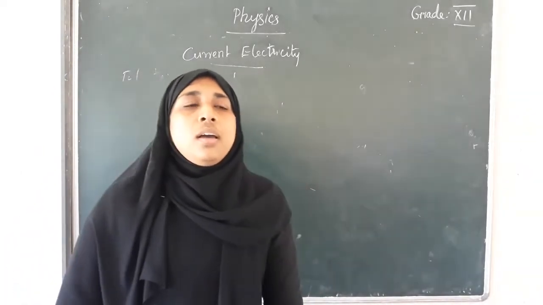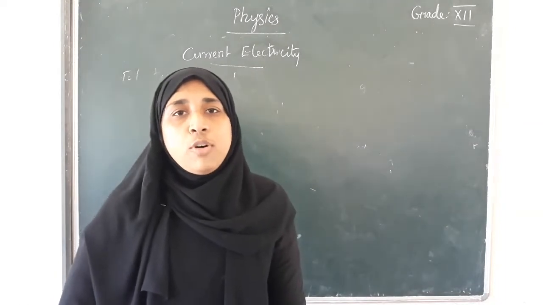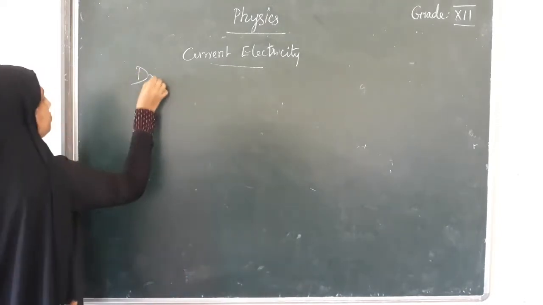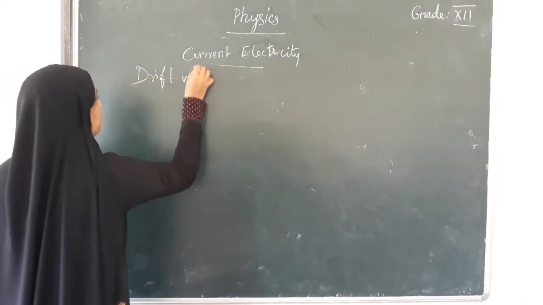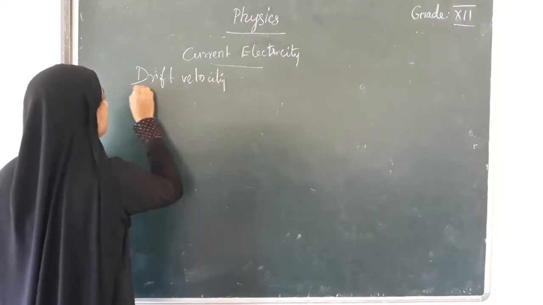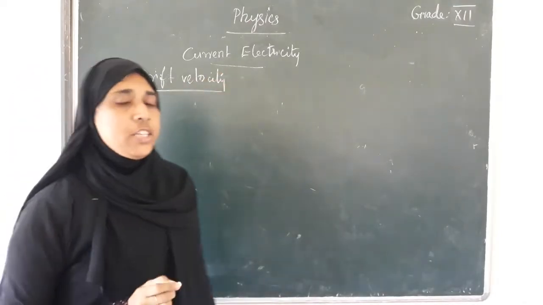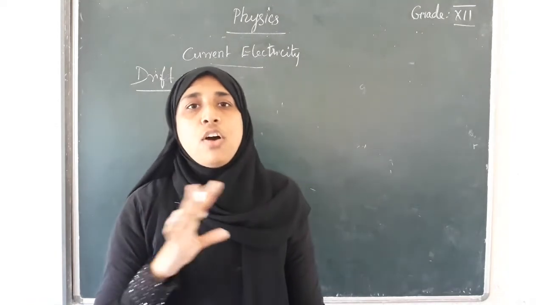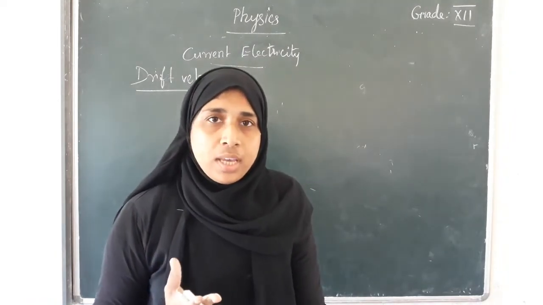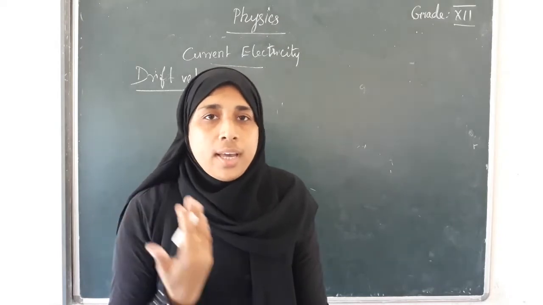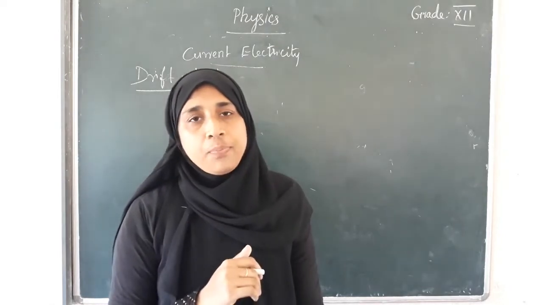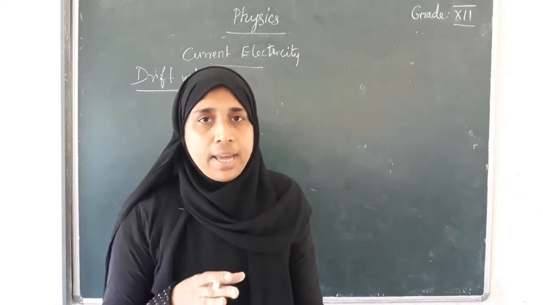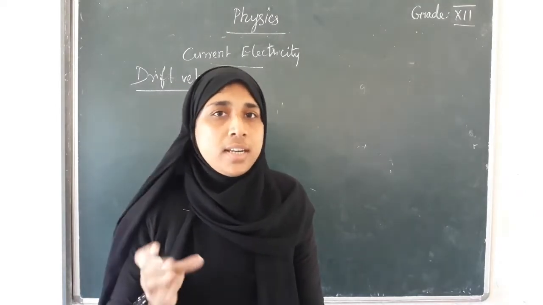Next, we are going to learn about drift velocity. What is the drift velocity? Consider a conductor. It consists of charges. When no electric field is applied, the charges are in random motion.